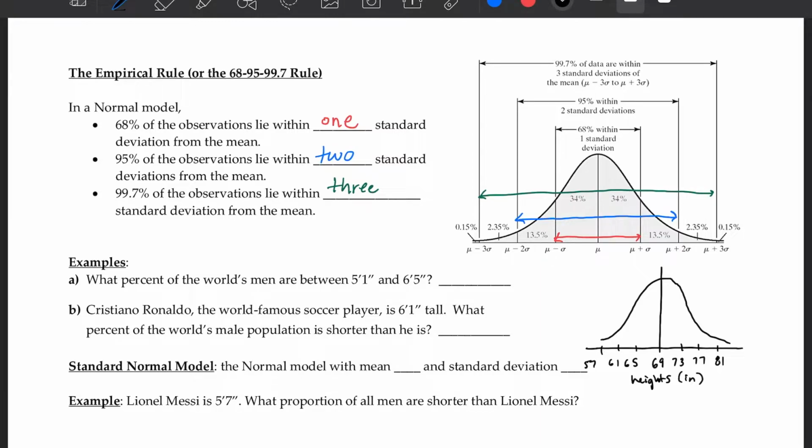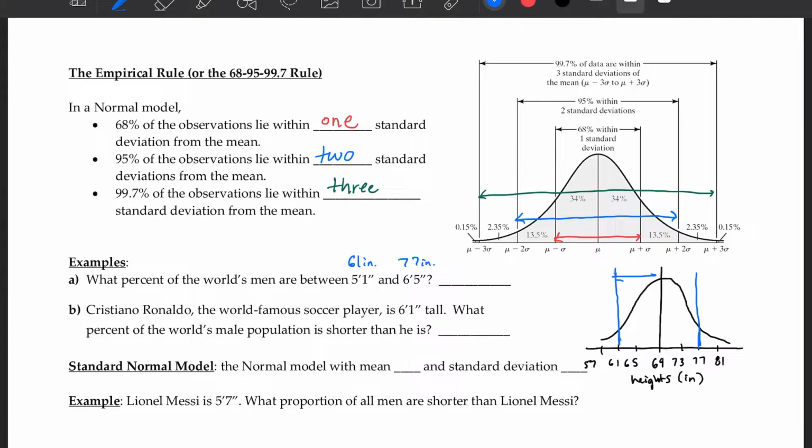All right. So let's think about this again. What are they asking? Percent of men who are between 5'1" and 6'5". I'm going to convert to inches. So this we know is 61 inches. 6'5", that's going to be 77 inches there. So then I'm going to come over here and take a look-see and go, okay, 61 right there. 77 right there.